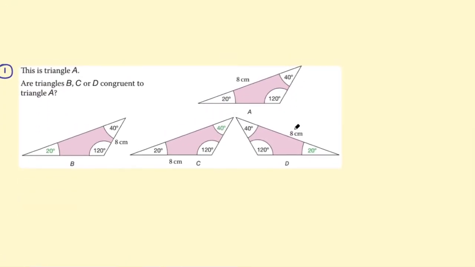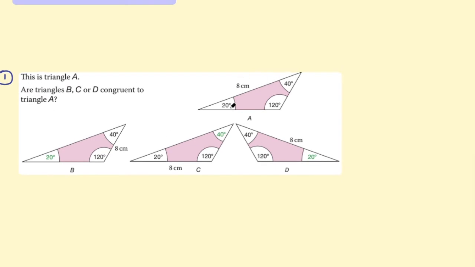The first example here says, this is triangle A. Are triangles B, C, and D congruent to triangle A? So we have to figure out if we can use any of those 5 tests to see if these triangles are congruent. So triangle A here has a side of 8 centimeters and 3 angles.